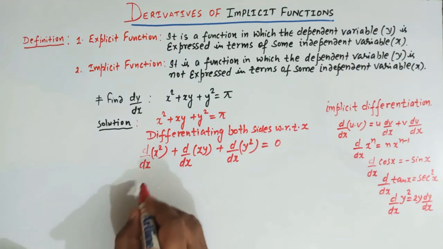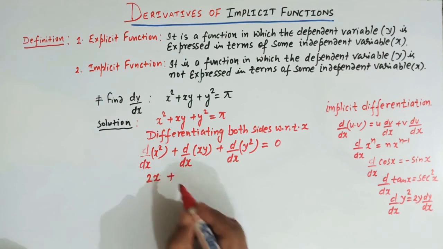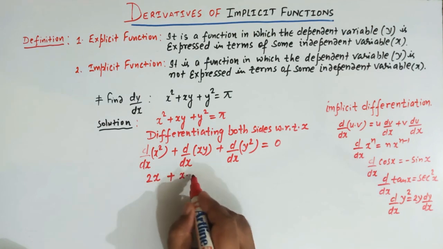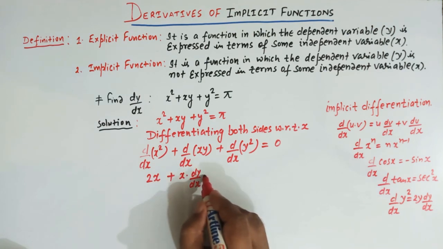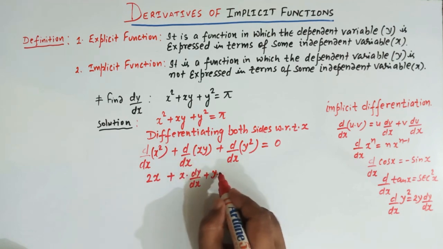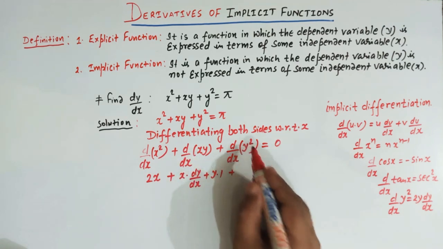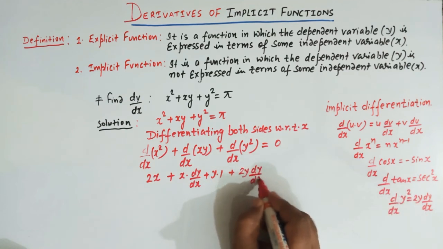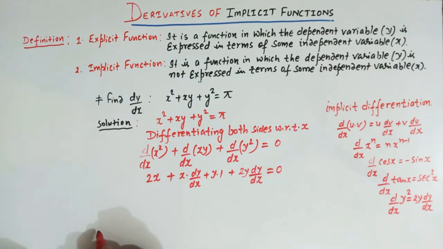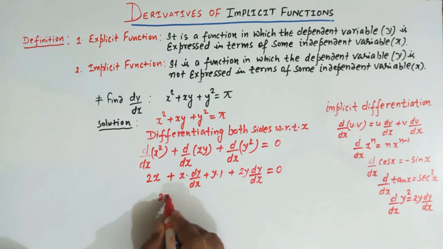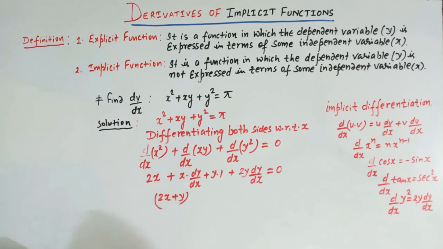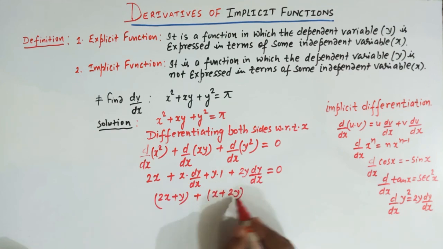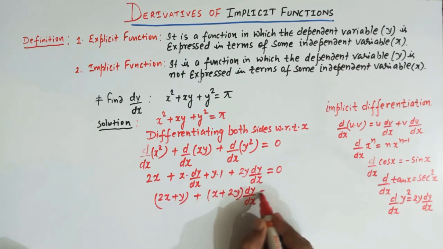Now the derivative of x square is 2x, and here we will apply the product rule. So this is x dy over dx, then we have y, and the derivative of x is 1, and the derivative of y square is 2y dy over dx, and it is equal to 0. So again, collecting the terms, we have 2x plus y, and here we have x plus 2y times dy over dx.